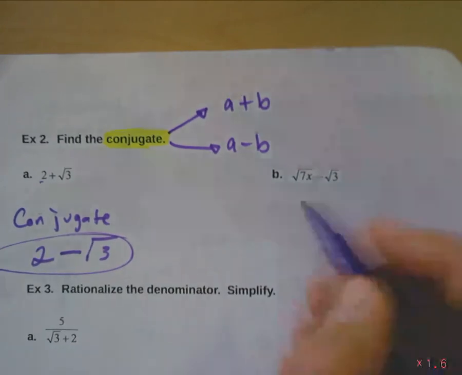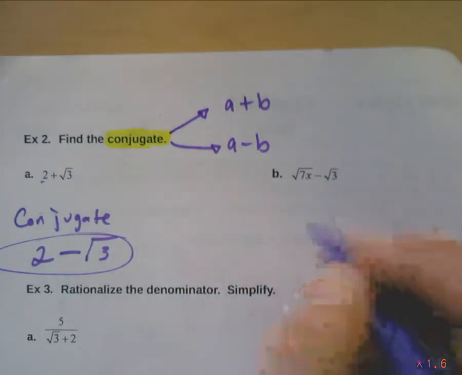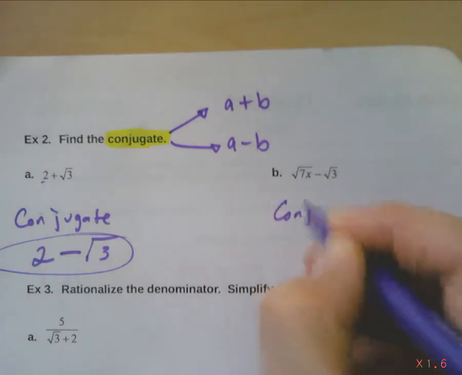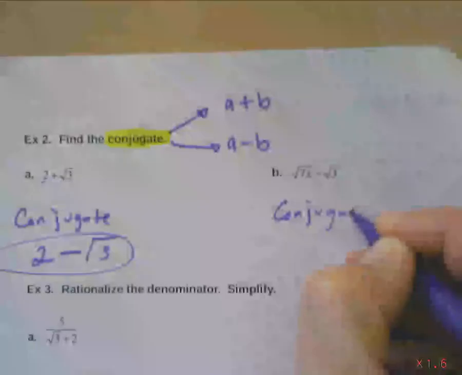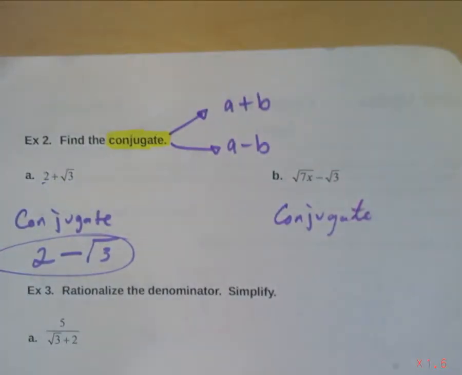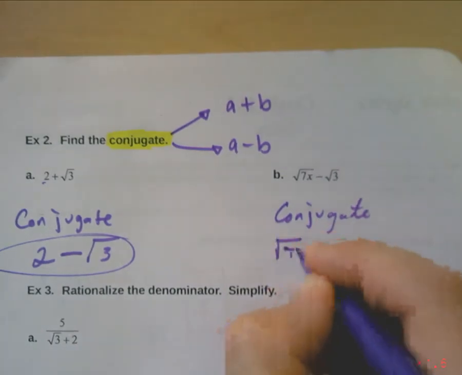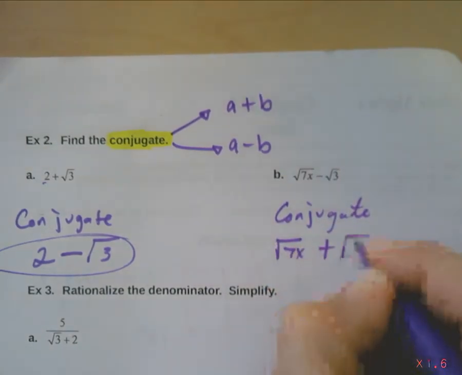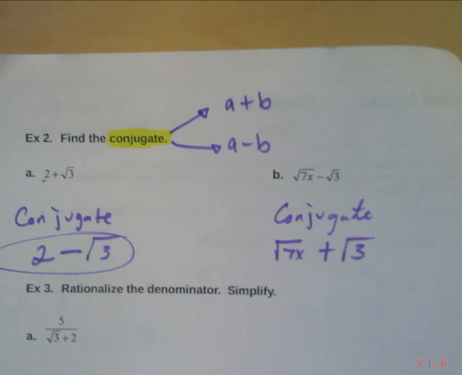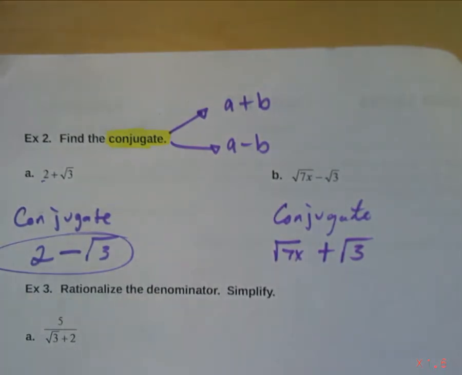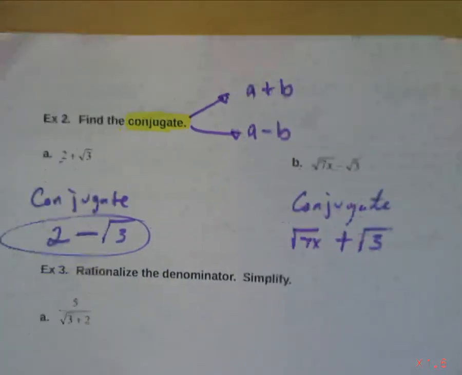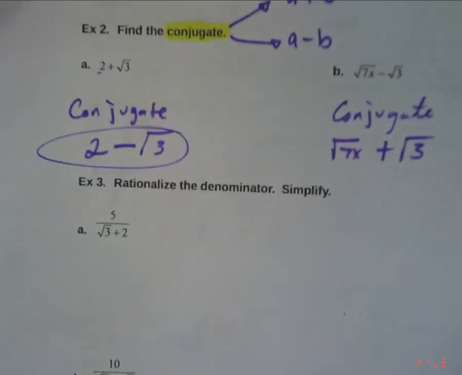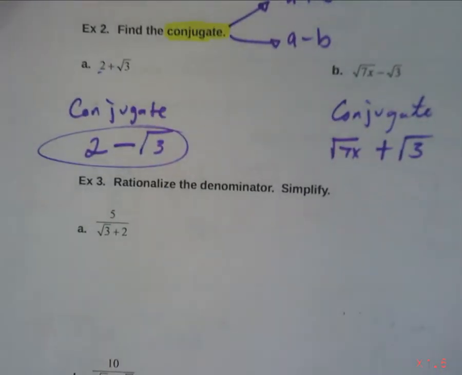So in B, if I have root 7x minus root 3, the conjugate is root 7x plus root 3. Okay, and we got to know the conjugate so that we can rationalize when you have a binomial on the bottom.